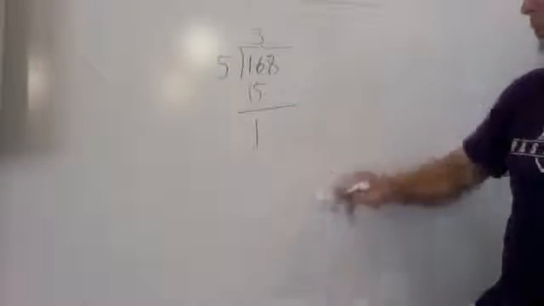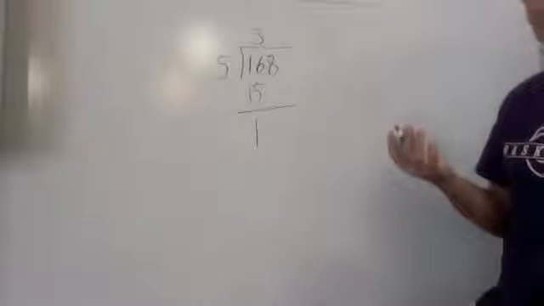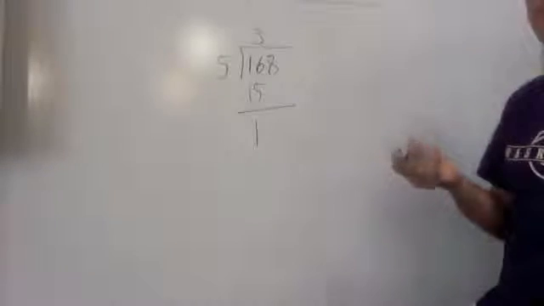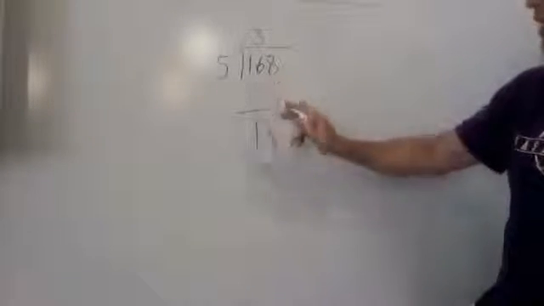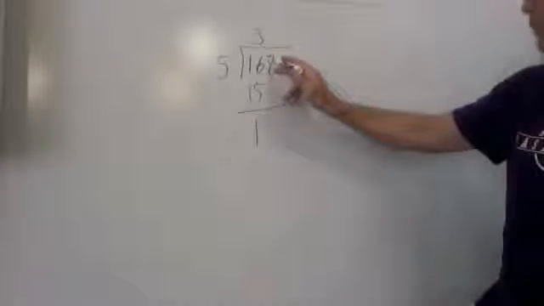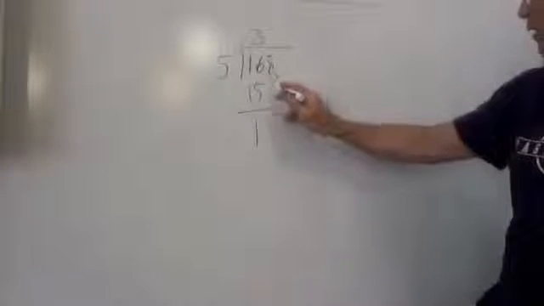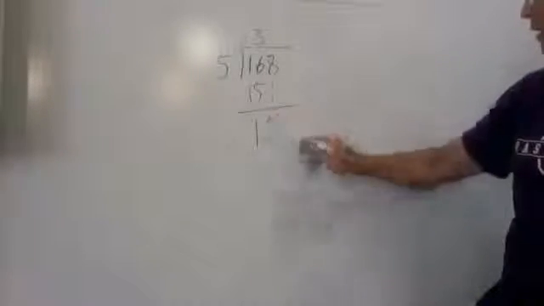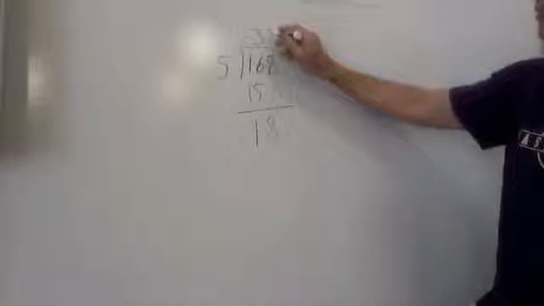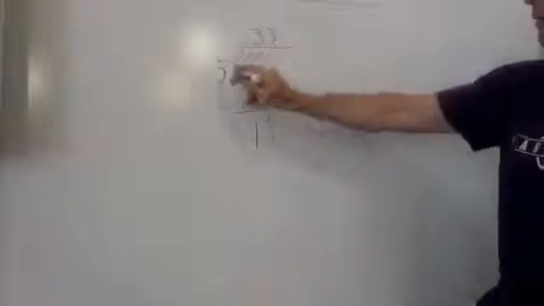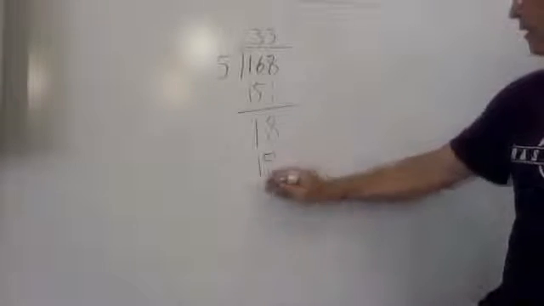You get a 1. Then what do we do next? This is taking you back, reminding you what it was like to learn this the first time. You subtract that, the 1 comes down, and then you bring down this place value right alongside of it. And you have 18. 5 goes into 18 again 3 times. 3 times 5 is 15.